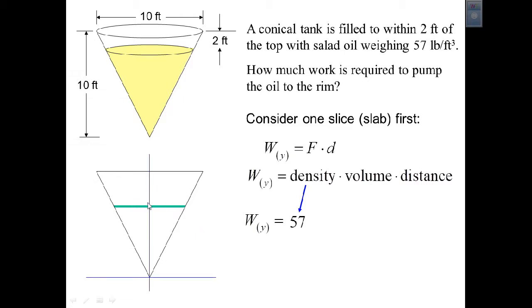We have to define and find out what our radius is. Well, we know that we have 10 feet across, which means the radius at the top is 5, and the height here is 10. So whatever this value is, this is going to be 1/2 of it. So 1/2 the height squared times dy.